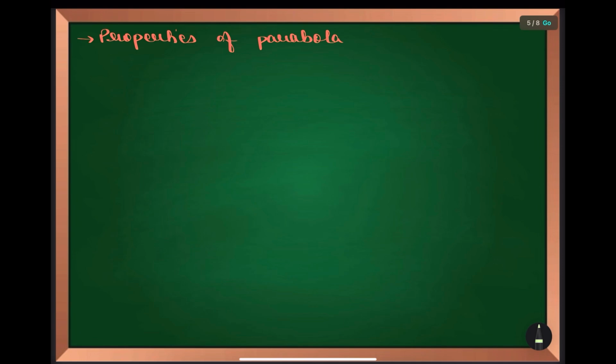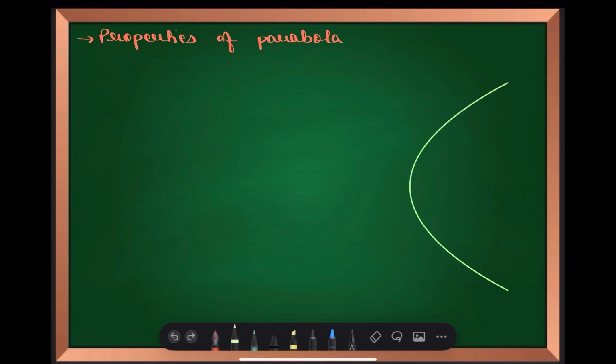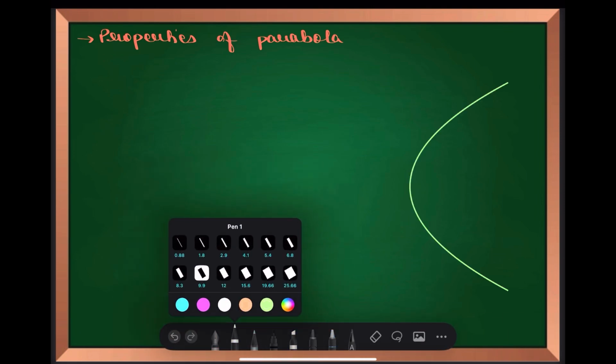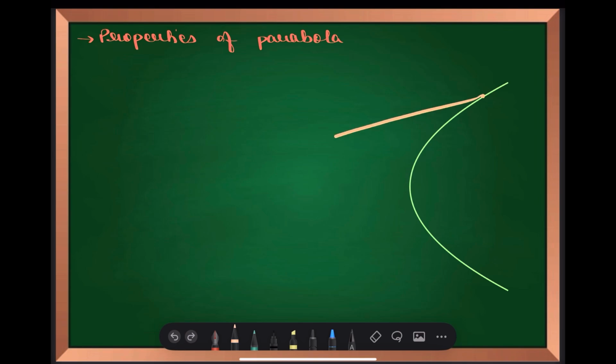Now suppose that you have a parabola, and randomly you have taken three points. Point number 1, you have drawn the tangent. Point number 2, you have drawn the tangent.